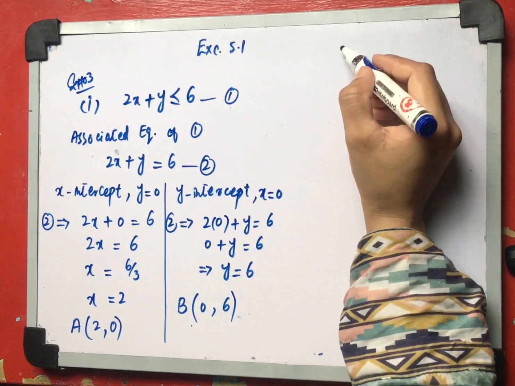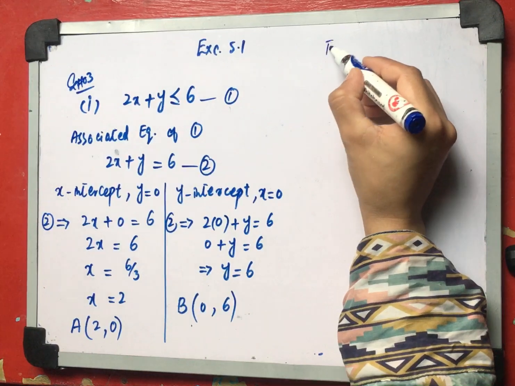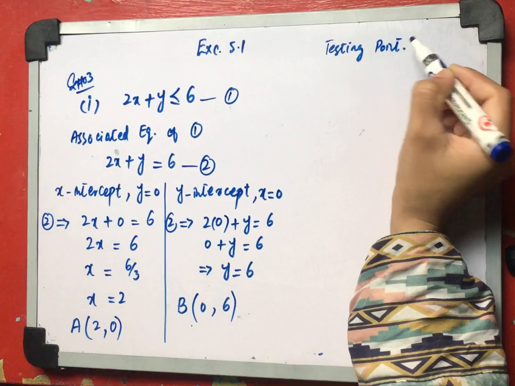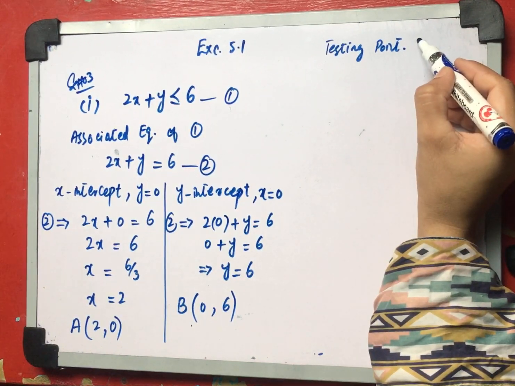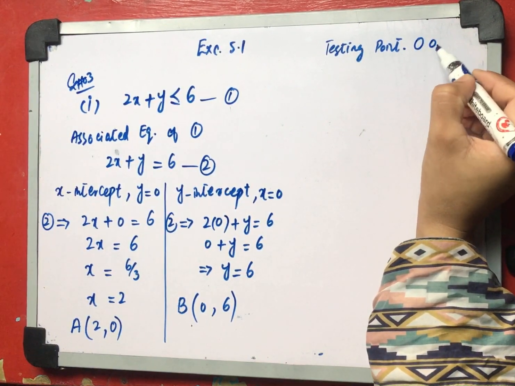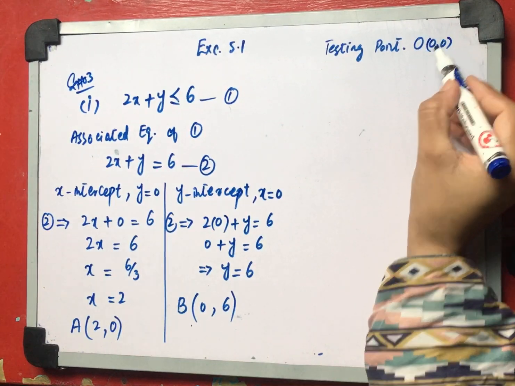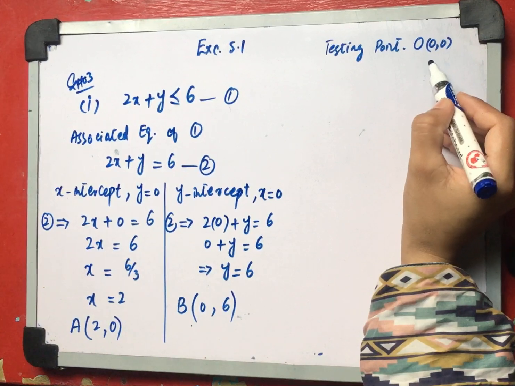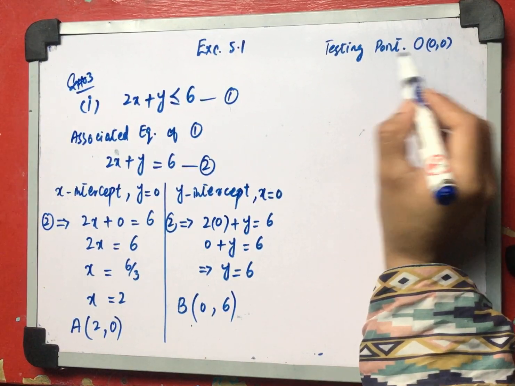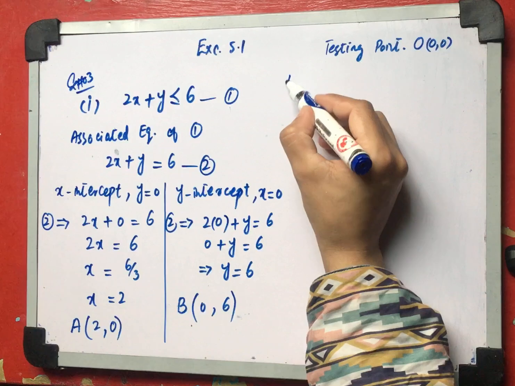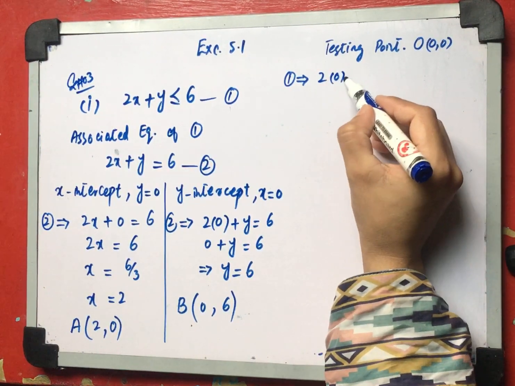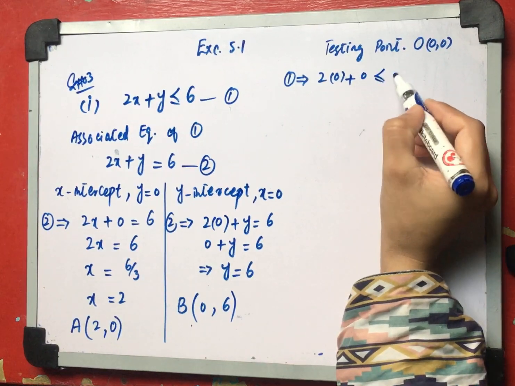Now we have to check a test point. What is a testing point? The testing point is always taken as the origin 0, 0. Here the x coordinate is 0, y is 0. We have to put these values of x and y in the given inequality. So 2 times 0 plus 0 is less than or equal to 6.